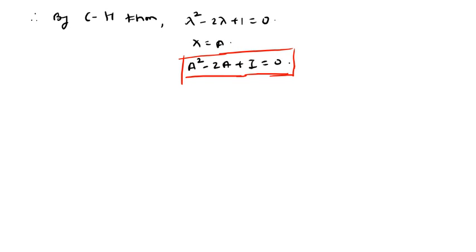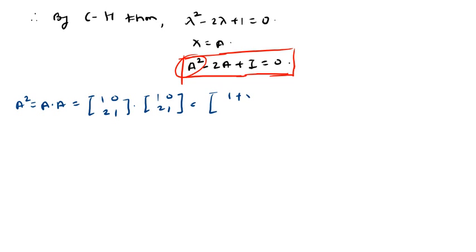theorem. Okay, so in the statement, firstly we will need this A square. So firstly we will try and calculate this A square. A square is A into A. Okay, and this will be, the matrix A is [1 0; 2 1] into the matrix A itself [1 0; 2 1]. Okay, solving this will be 1 plus 0.